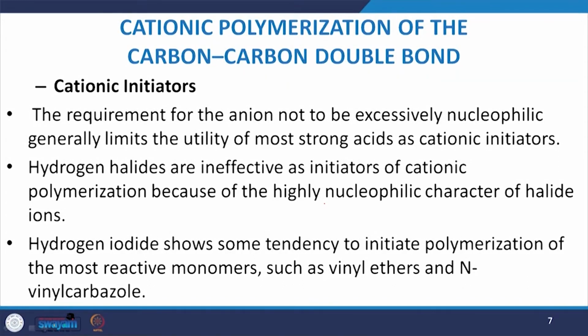Now, apart from this, the Lewis acids also play a very important role in cationic polymerization. There are various Lewis acids being used to initiate cationic polymerization, generally at low temperature, with the formation of high molecular weight polymer in high yields.